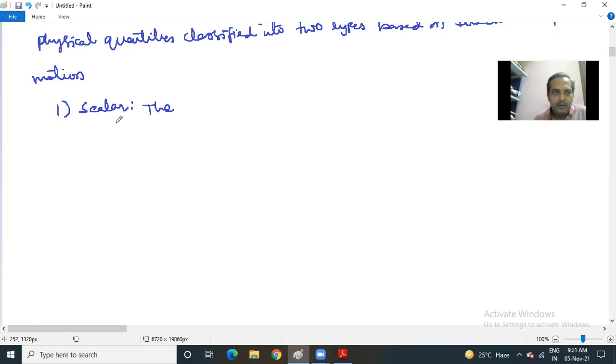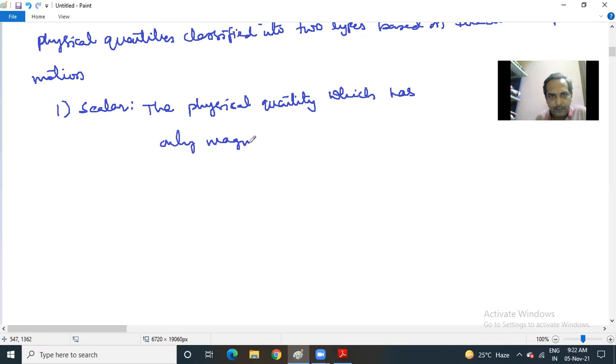So the physical quantity which has only magnitude is called a scalar quantity. So what are the examples? You can give mass. Mass is measured in kg.